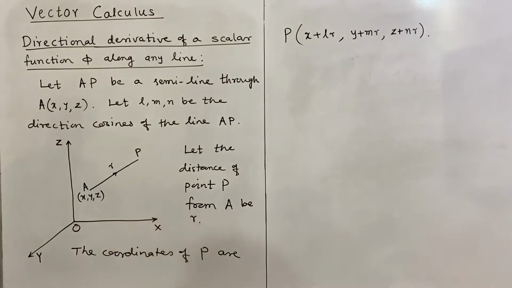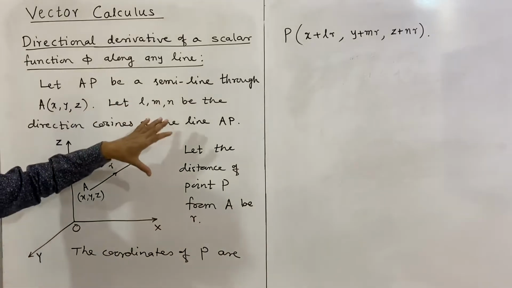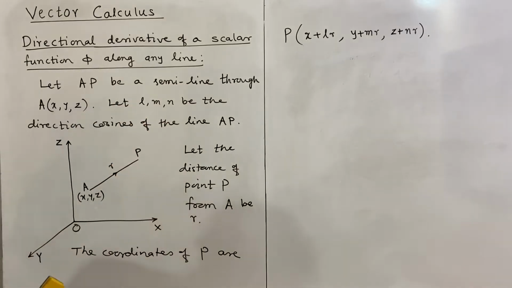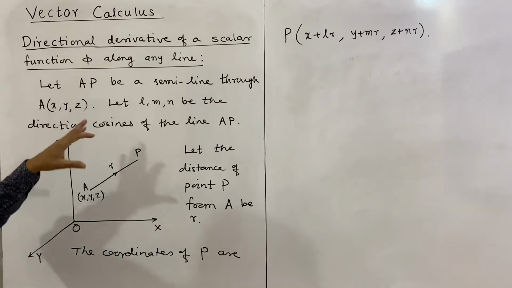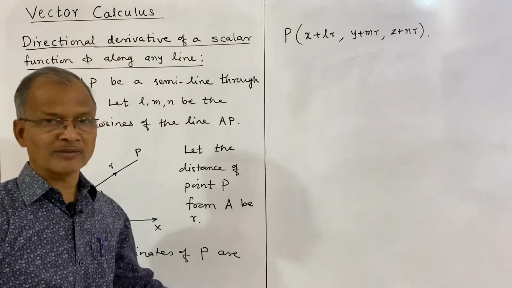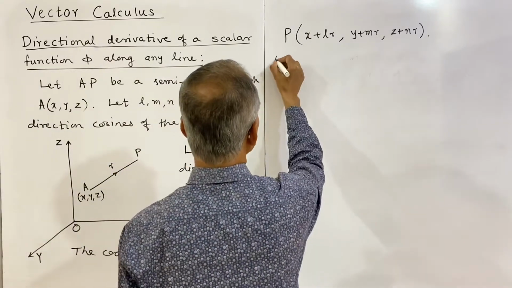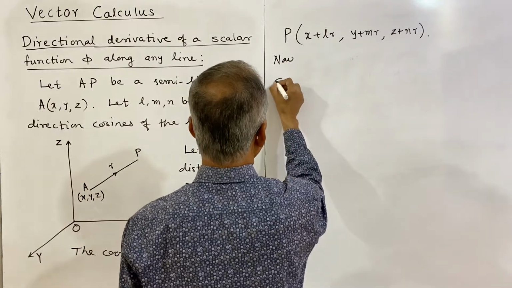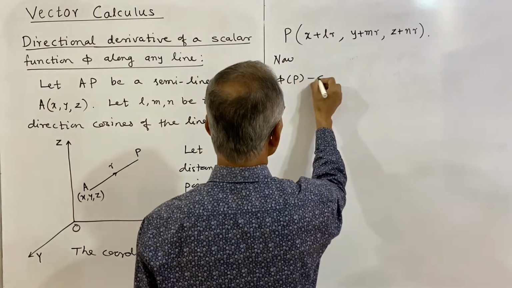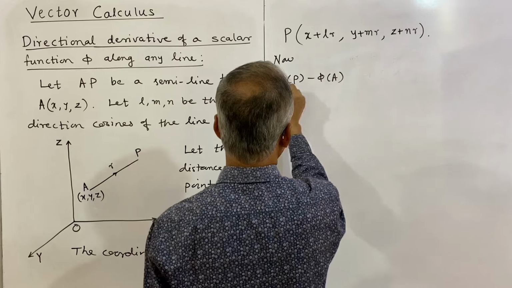And now we will form the directional derivative of a scalar point function phi at point A, which we have earlier defined as phi of P minus phi of A divided by AP.